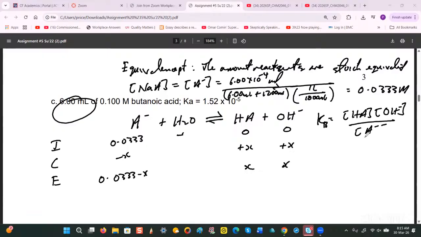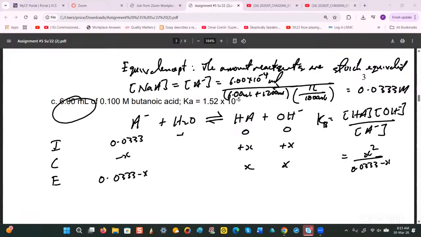And then we plug the terms in. We're going to end up with X squared over 0.0333 minus X.